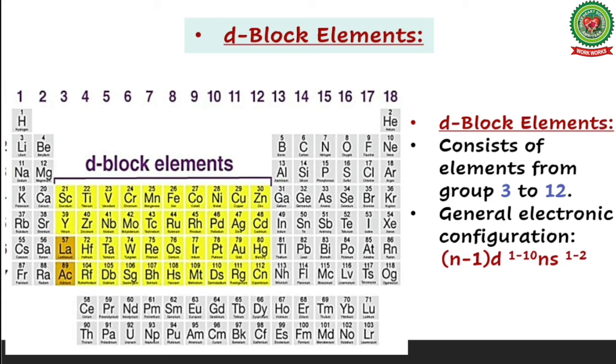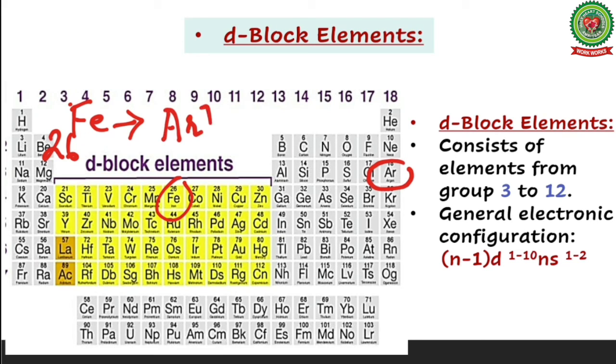Here, if we take an example of Fe, that is iron, iron's atomic number is 26. So while writing the electronic configuration, let us first consider the nearest noble gas, that is argon. So argon, then according to Aufbau's principle, 4s2, 3d6.